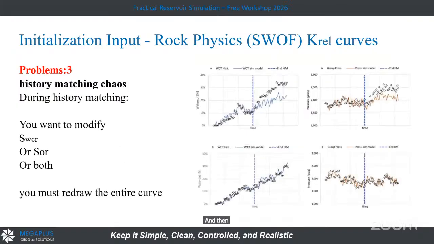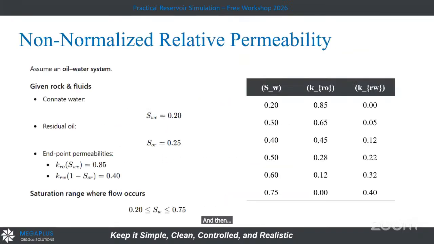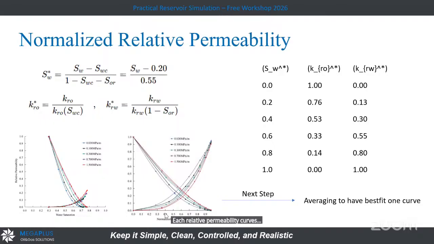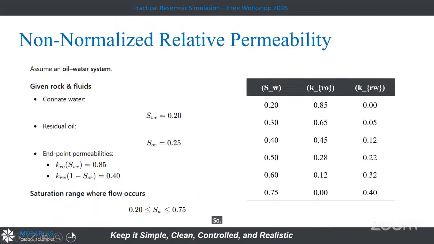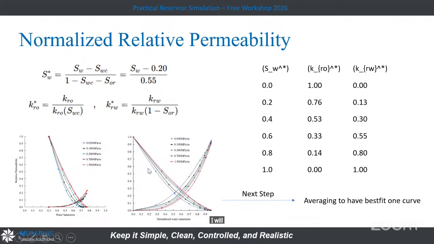And then each relative permeability curve, as an example, let's look at this picture, has a different irreducible water saturation and irreducible oil saturation. So how can I solve this? I will stretch the area that is responsible for the relative flows to 1, from 0 to 1. How?